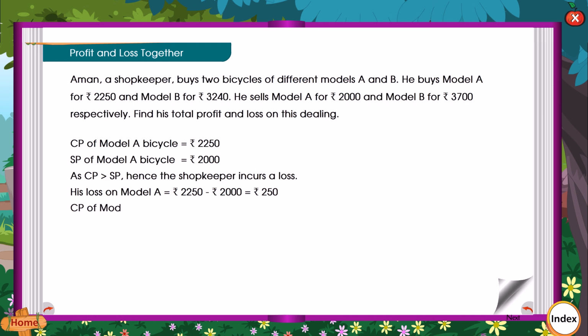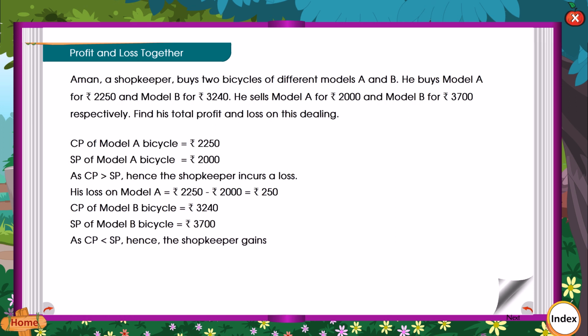Cost price of model B bicycle is equal to rupees 3,240. Selling price of model B bicycle is equal to rupees 3,700. As cost price is less than selling price, the shopkeeper gains a profit.